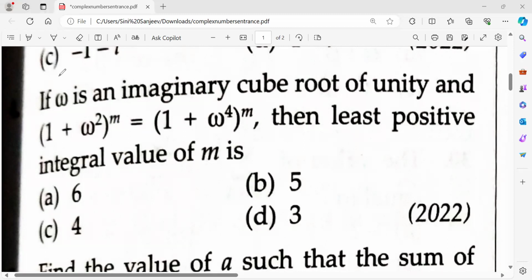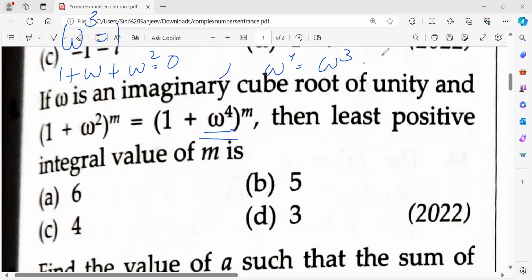First thing I will tell you here is what is omega cube value? 1. Then 1 plus omega plus omega square is equal to 0. These things we have to know first. And what is my omega power 4? Omega power 4, I can write it as omega cube into omega.